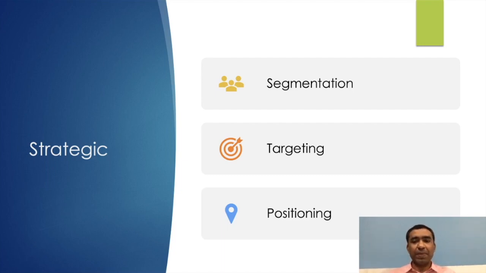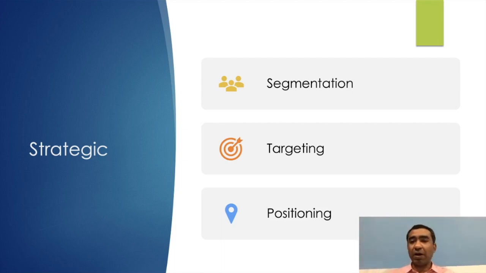This is your simple segmentation, and then targeting. Once you have done this segmentation, you can target your customers easily. Targeting is important in order to reach the right customer and sell your maximum product to them. That is why it is very important for everyone to understand segmentation and targeting your customer.